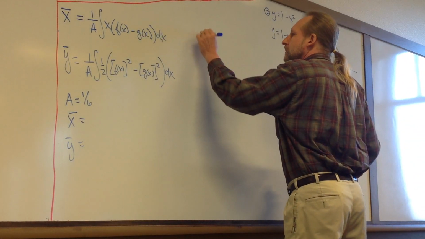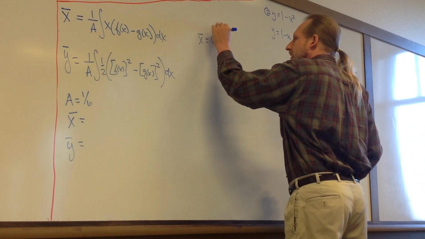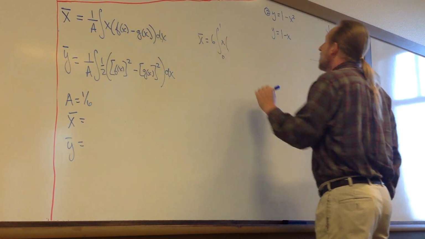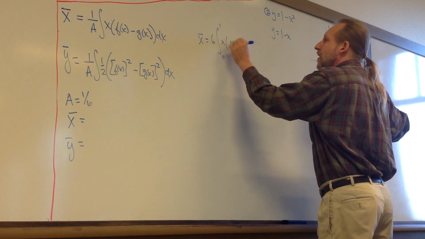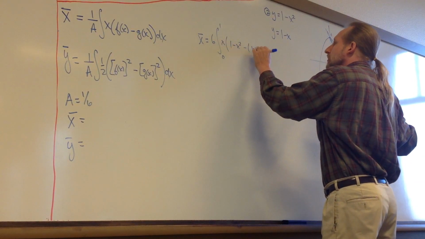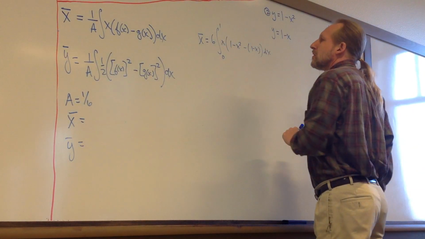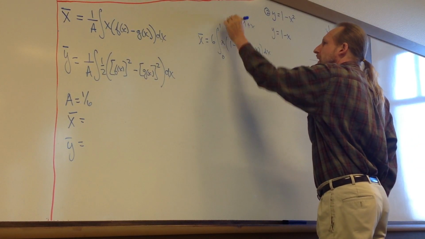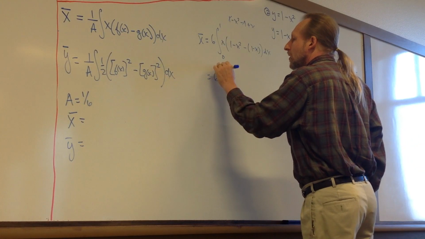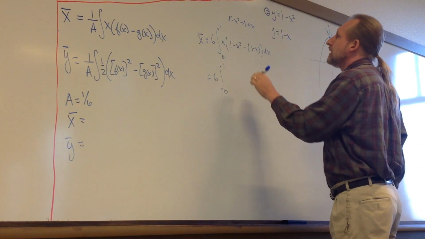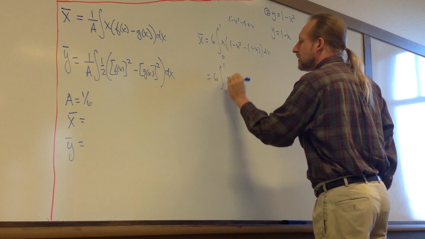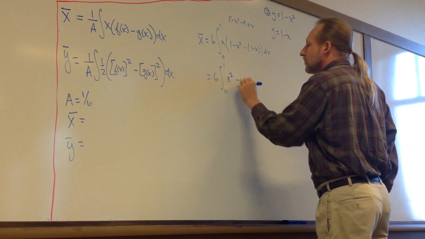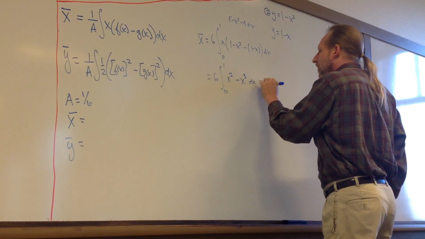Now we want to do x bar, so that'll be 6 times the integral from 0 to 1, x times f minus g. Okay, so again, 1 minus x squared minus 1 plus x. So this x times this x will be a positive x squared, and then this negative x squared times x will be negative x cubed.